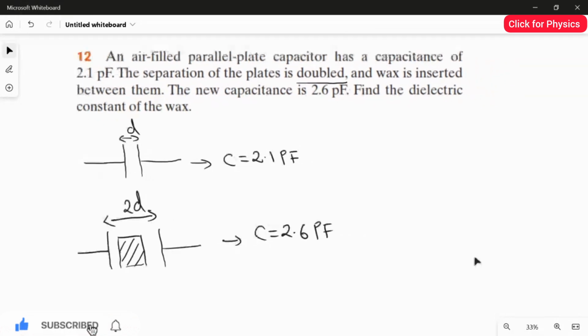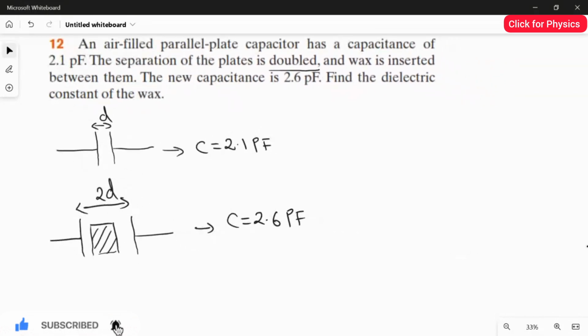So the capacitance for the first part is C equals epsilon naught A over d. And here the capacitance value is given. The value of the capacitance here is 2.1 picofarad. What is the value of a picofarad? 10 to the power of minus 12. So I can just write 10 power minus 12 farad.